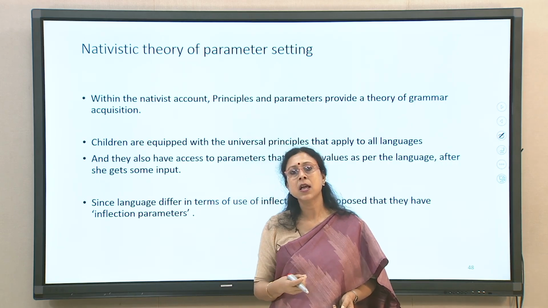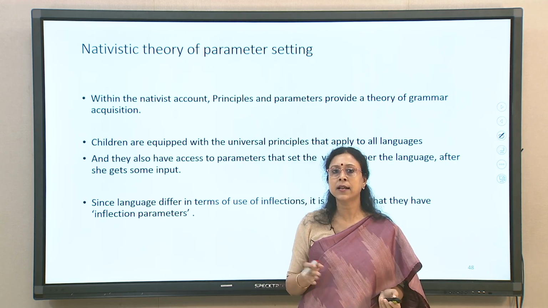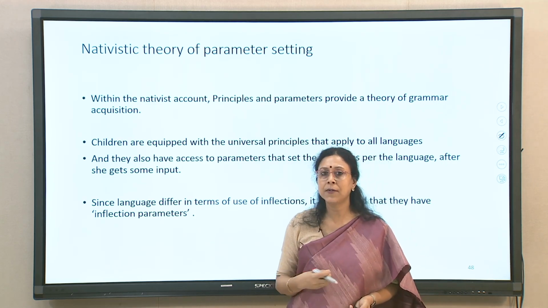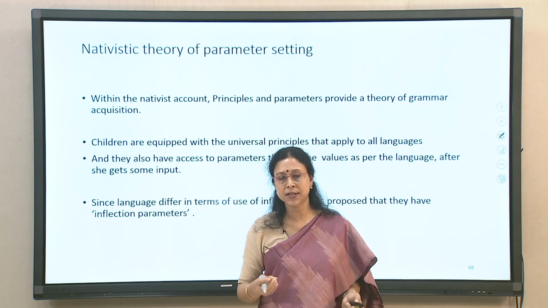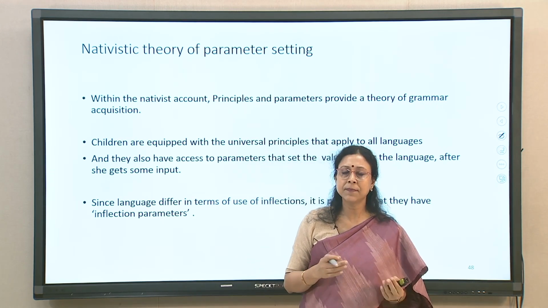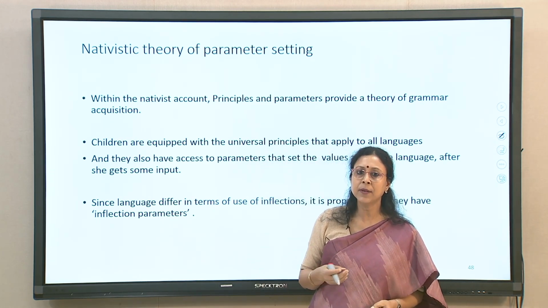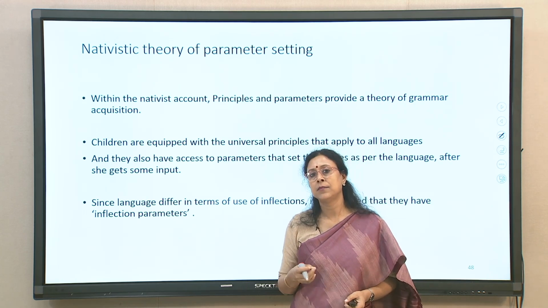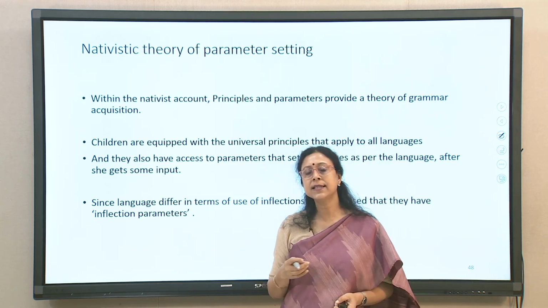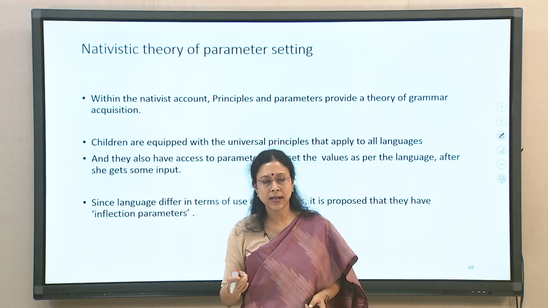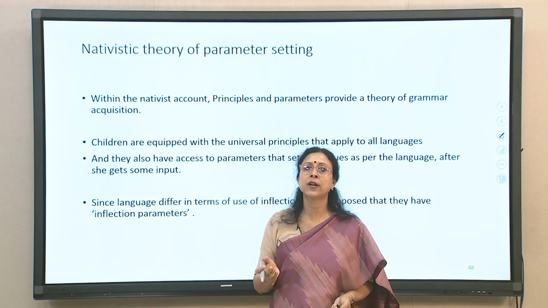Principles are basically the set of rules that are universal, that apply to every language. For example, every language has nouns, every language has verbs; these will be the basic principles. Parameters are language specific properties. These are values that are set for a language, so you can switch certain things on and off.